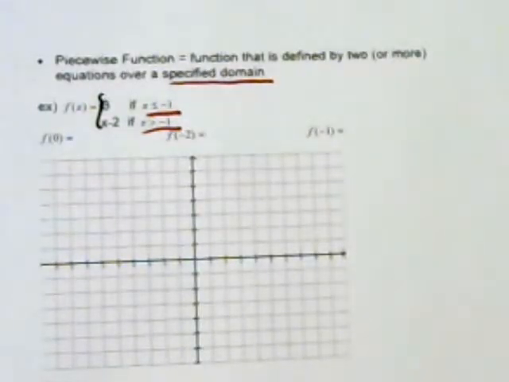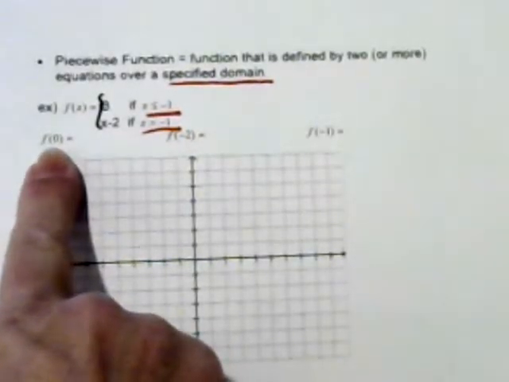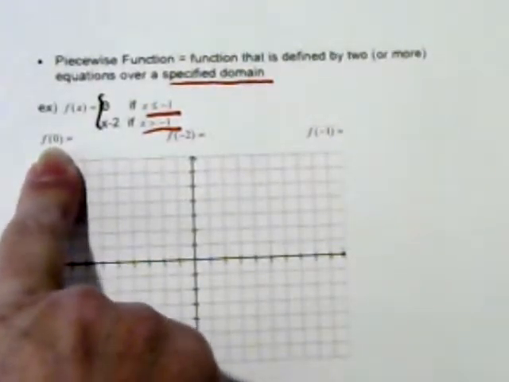One thing that we're going to do with piecewise functions is use them to evaluate certain values of x. Here we're told to look for f of 0. First thing we have to do is find where 0 is in our domain with regard to the point -1.